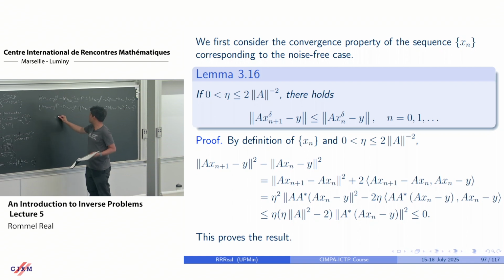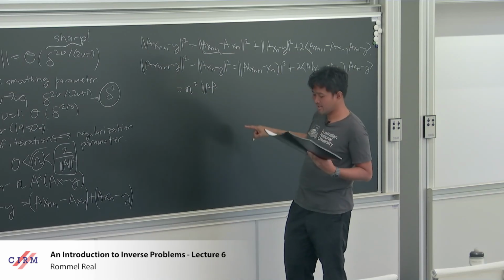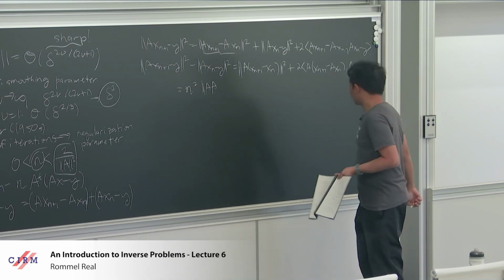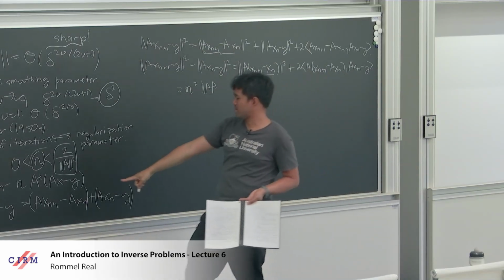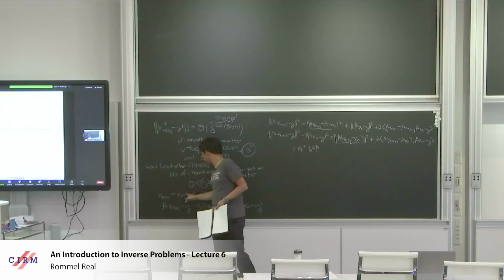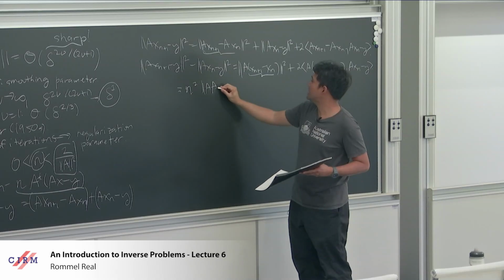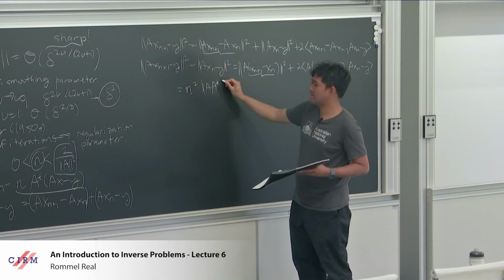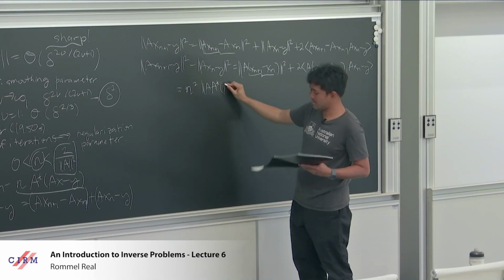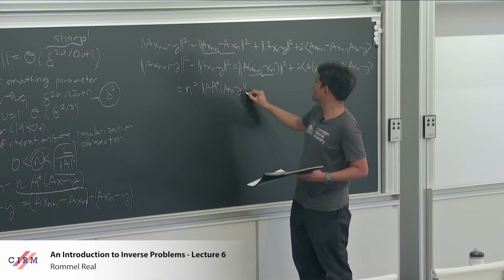So that's eta. Let me just write it, because we will need it later on. So that's A times A. Here we can substitute this one here. So you can just solve for x_{n+1} minus x_n, then use this one and square it. So we have something like A times A star times (A x_n minus y).